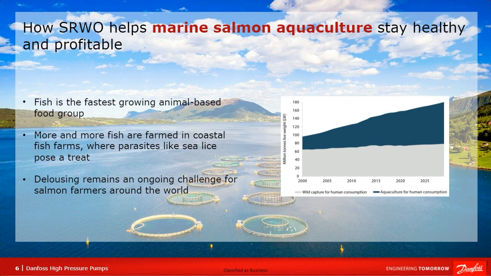For many years, chemical treatment has been the preferred and main method to treat sea lice. And though it is a very effective method, it also comes with other challenges, for example, chemical resistance or also environmental concern. So there are also more sustainable ways of treating sea lice. For example, you can treat them by thermal treatment, or another possibility would be to flush the salmon using low pressure water jets.